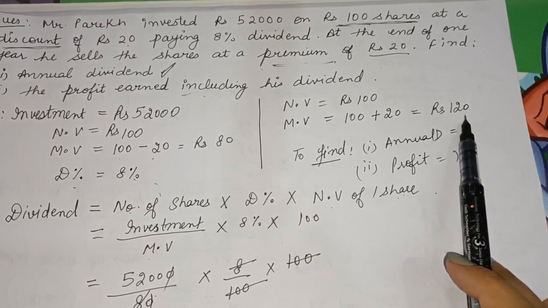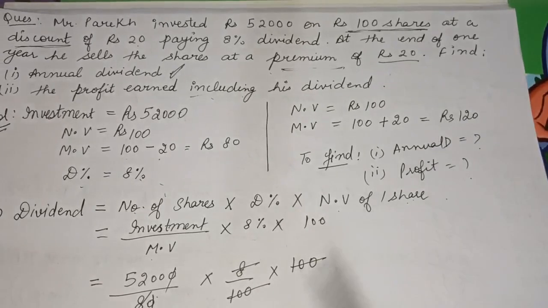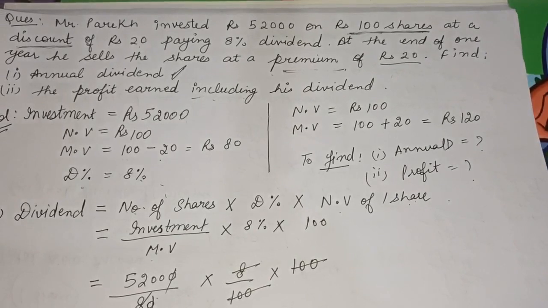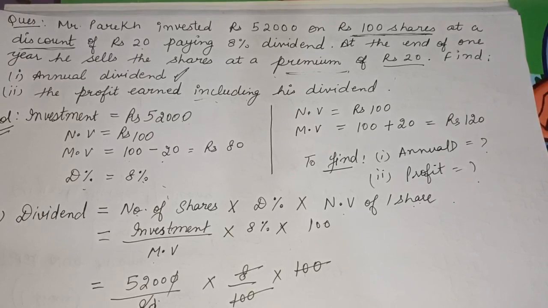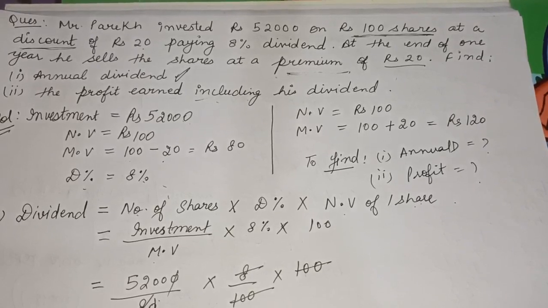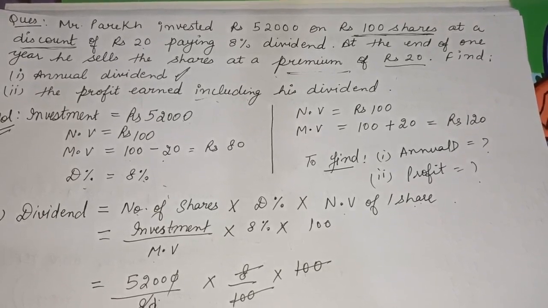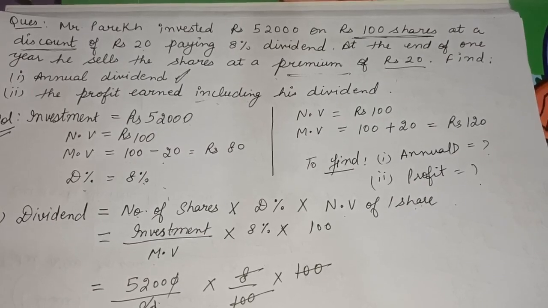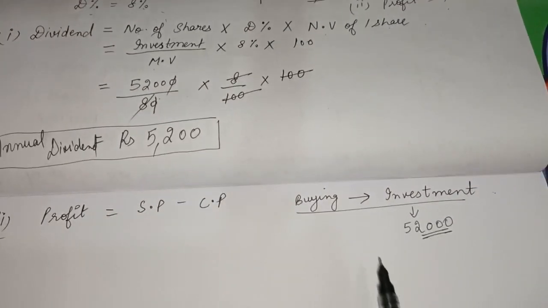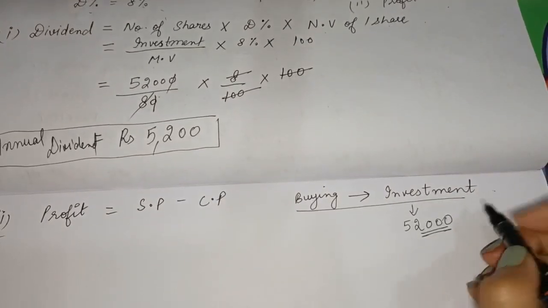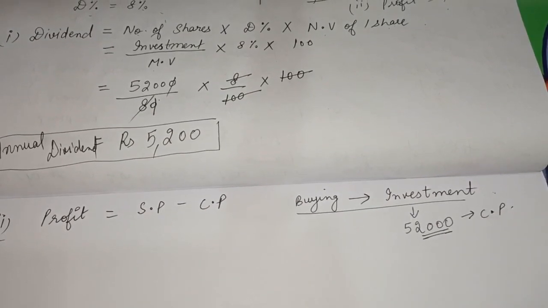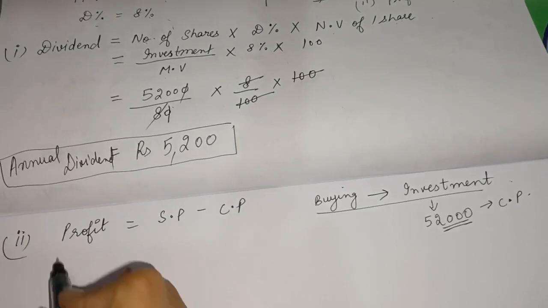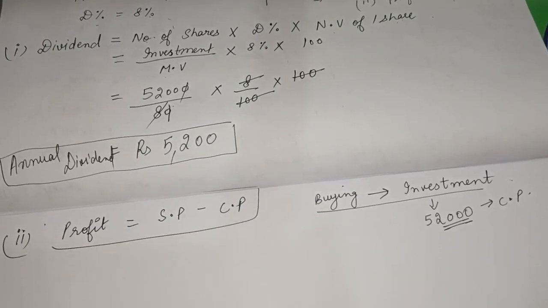So we will find the selling price and the cost price. Cost price is actually the buying price, and buying price means investment, which is already given to us, 52,000. So here investment is only CP. Selling price we have to find, then we will use this formula and find profit.